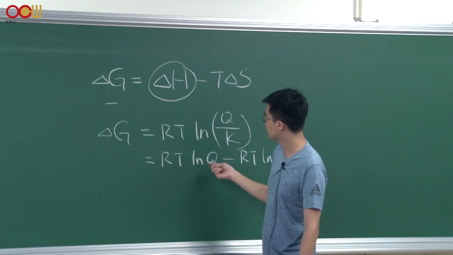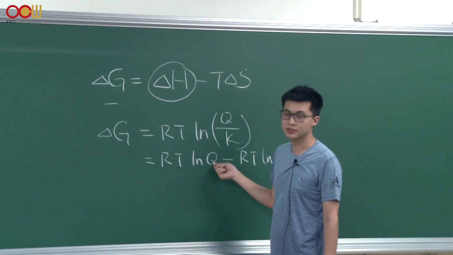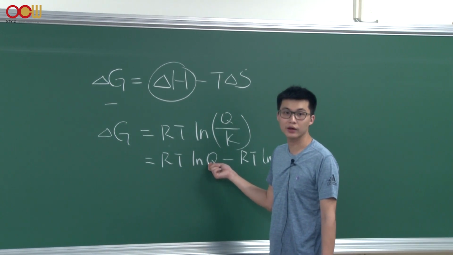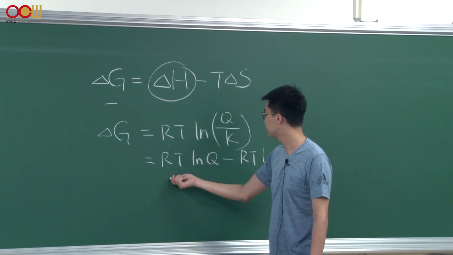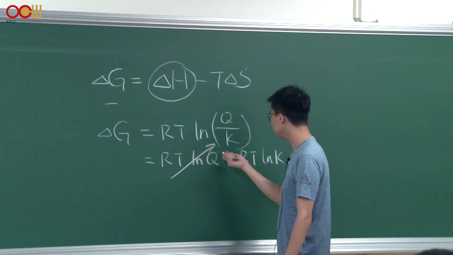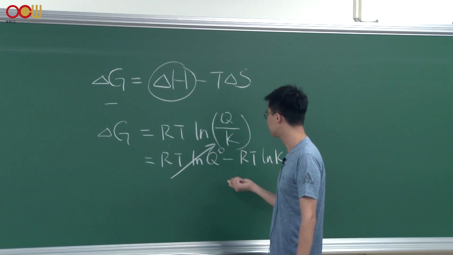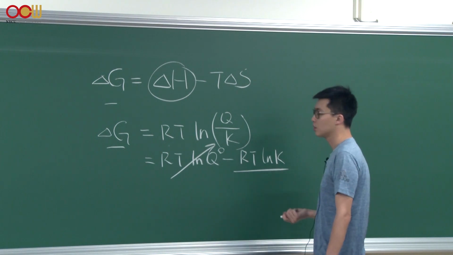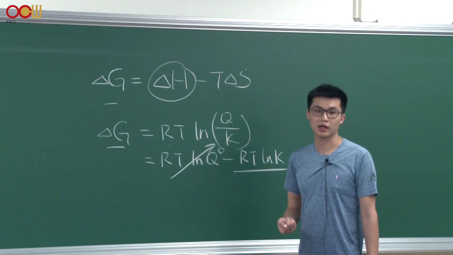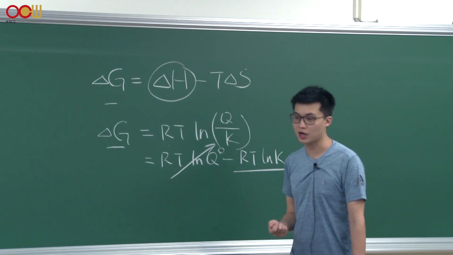So under standard state, we can say Q is equal to 1, right? You have an equal amount of your product and reactant. So this term goes away because it's 0. And then in the end, you get delta G equal to negative RT times natural log of your equilibrium constant.